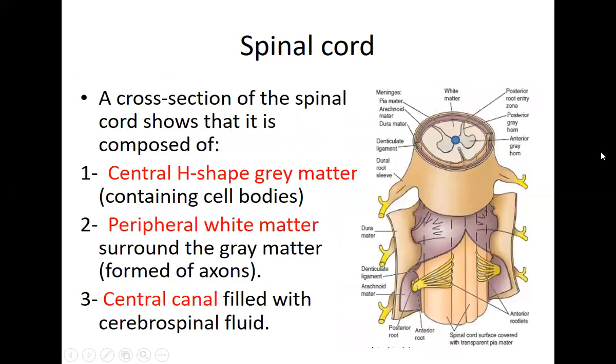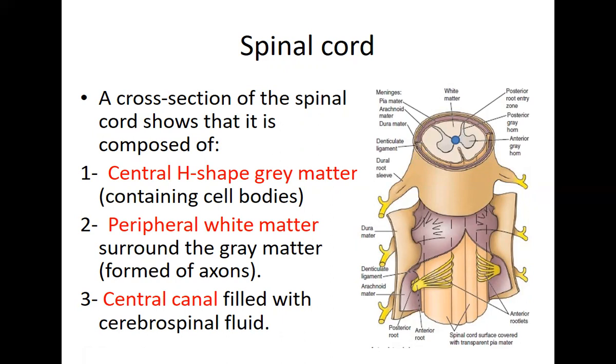Now if you see, this is the cut section of the spinal cord. This is how it looks. A cross section of the spinal cord shows that at the center there is a central H-shaped gray matter containing the cell bodies. Just like we saw the gray matter in the brain, here also there is gray matter.